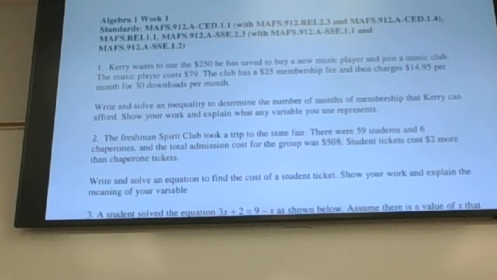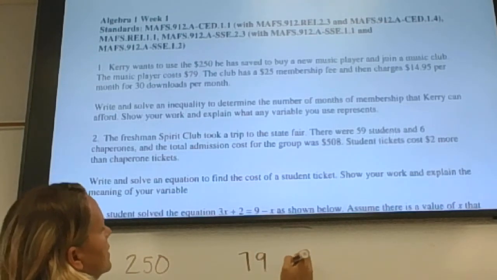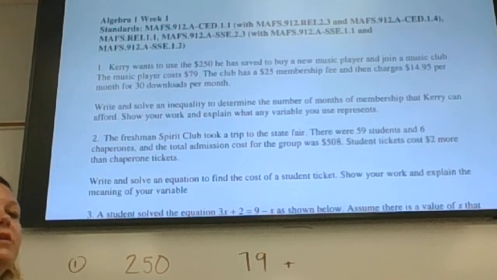Okay, so this is correct. 250 equals 79 plus 25 plus 14.95. Alright, we got 250 saved up. We're gonna buy a music player for 79. You can call it classwork or bell work, whatever you want.